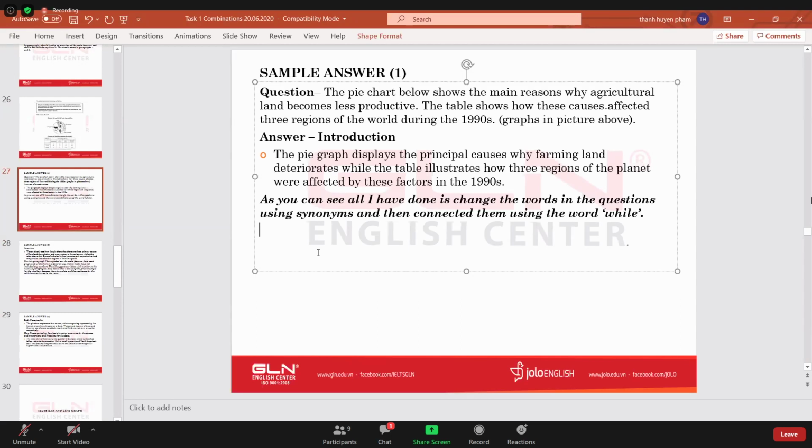And in the question, we have 3 regions of the world during the 1990s. And we have by these factors in the 1990s. So, again, simple word substitution. As I said before, don't try and overcomplicate things.